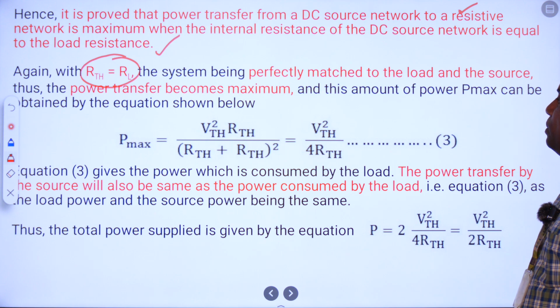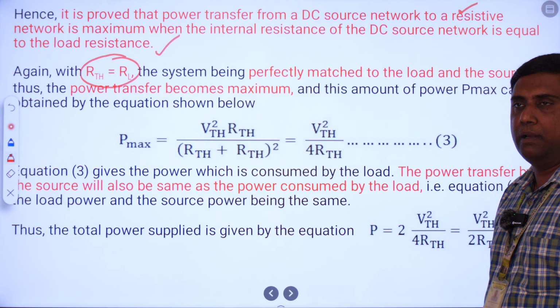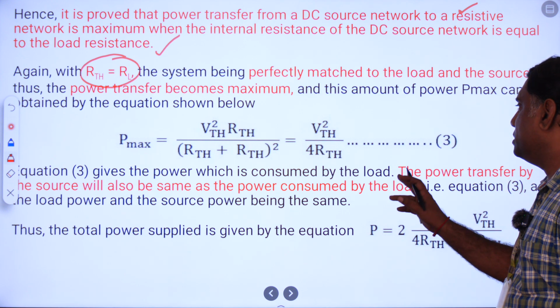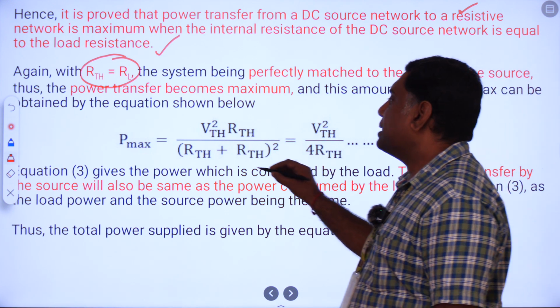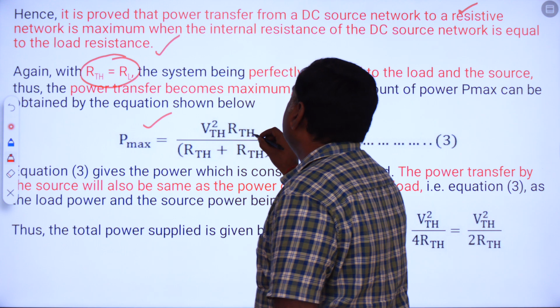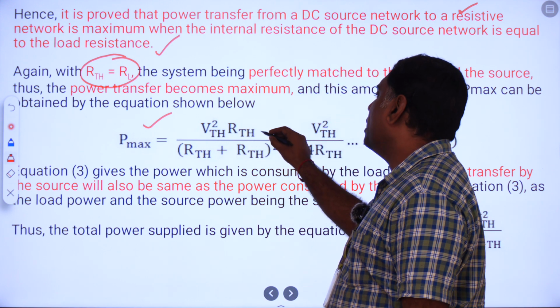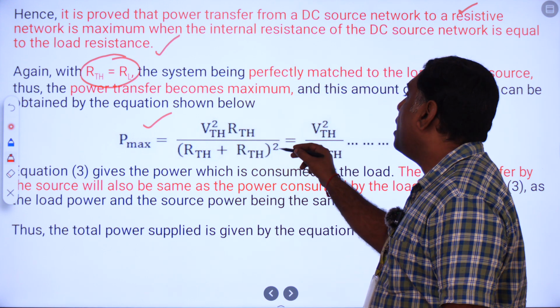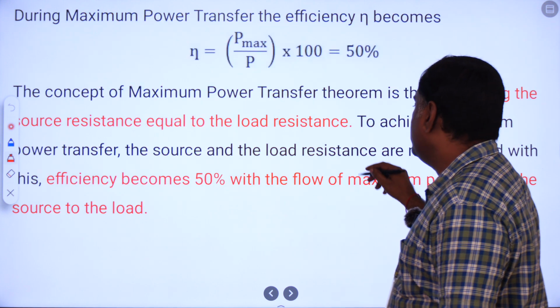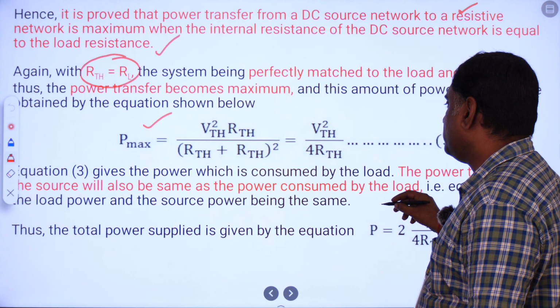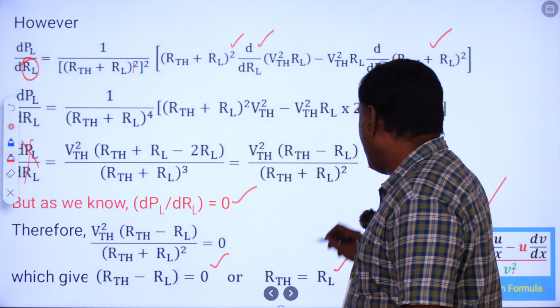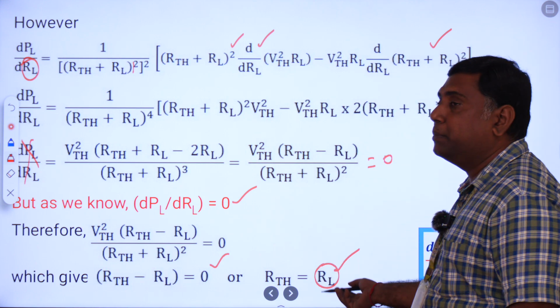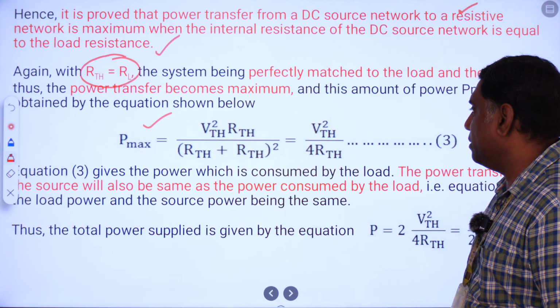Now this is a very important formula, and if you get a GATE question, this is an important formula. P max equals V Thevenin squared into R Thevenin divided by R Thevenin plus R Thevenin, squared. What happened here? We substituted R Thevenin instead of RL, because we proved that R Thevenin and RL are the same.